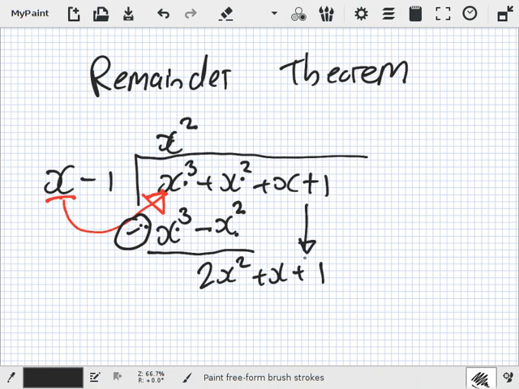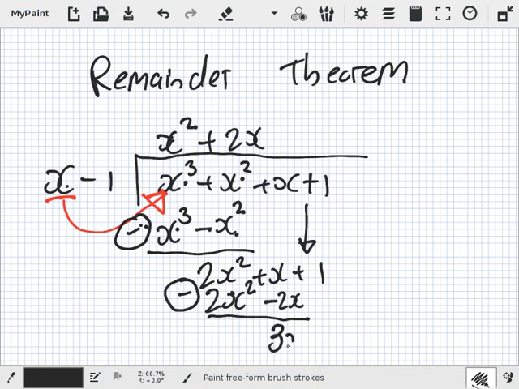Okay, so Anthony, what do you multiply x by to make it become 2x squared? 2x, and then you multiply. So you get 2x squared minus 2x. Okay, and then maybe Dennis, you can tell me what I get here when I minus. 0. And 3x, and then 1.